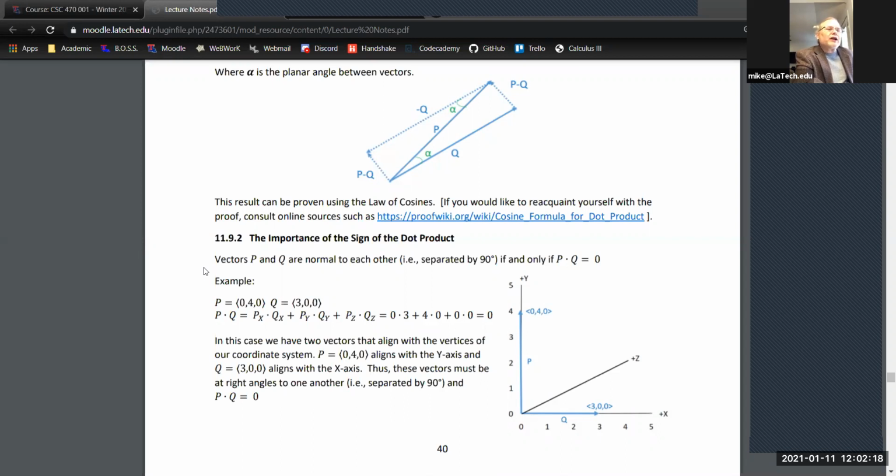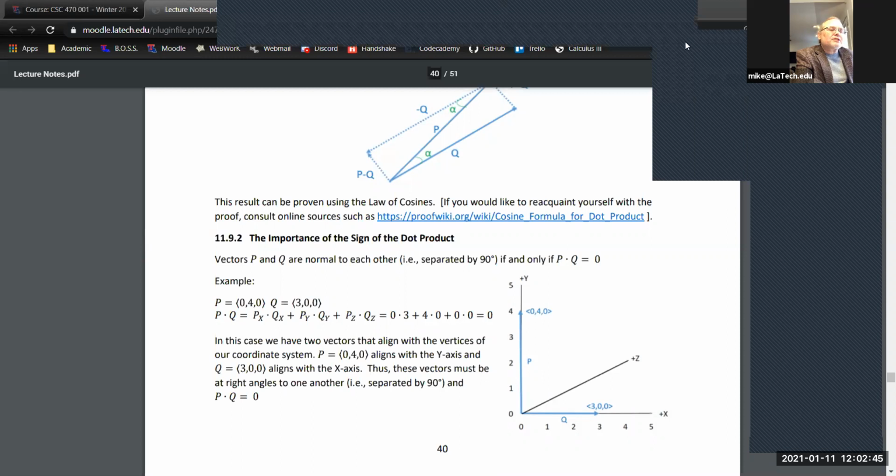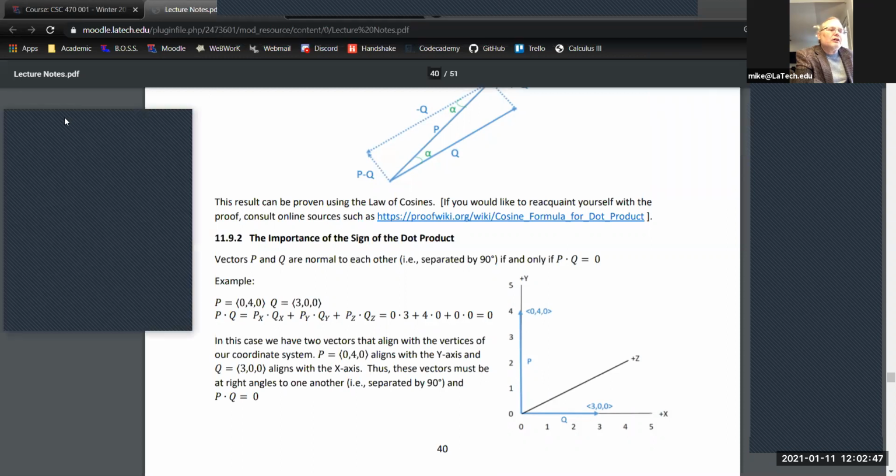So if what I told you just a moment ago is true, then the dot product of P and Q should be 0. Well, let's do the math. Set P at 0, 4, 0, set Q at 3, 0, 0, and multiply it out. px times qx, that's 0 times 3, plus py times qy, that's 4 times 0, plus pz times qz, that's 0 times 0.